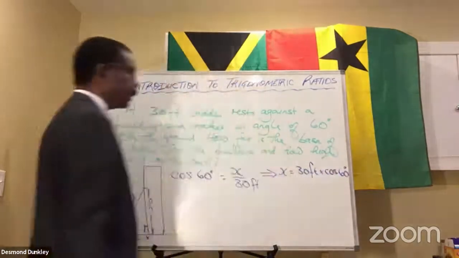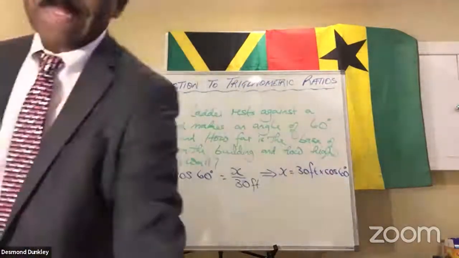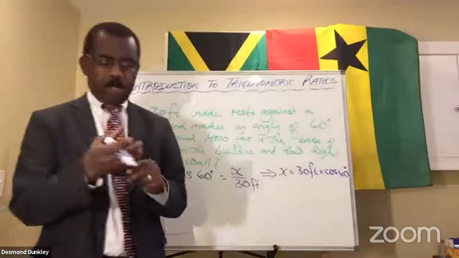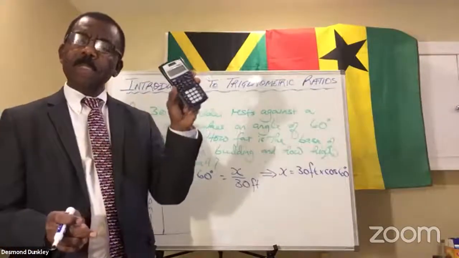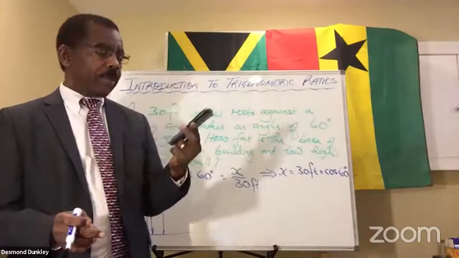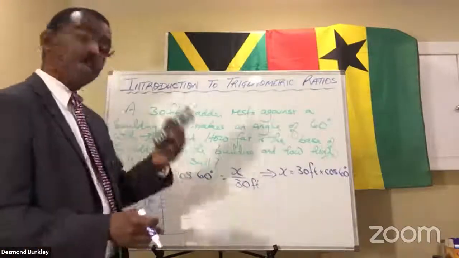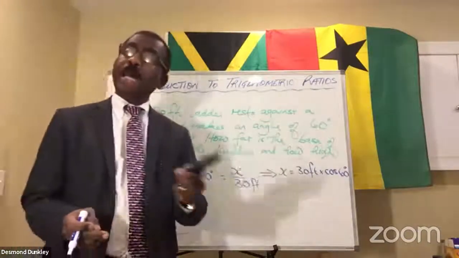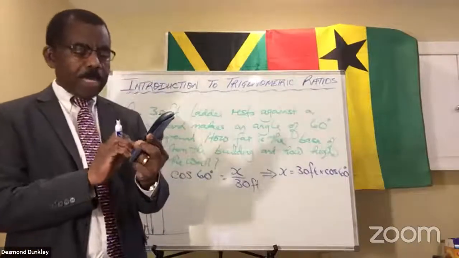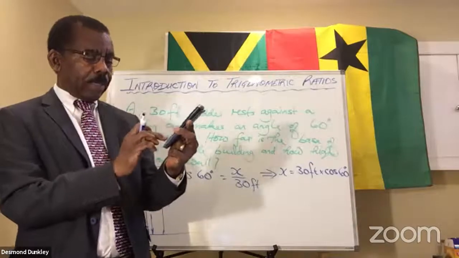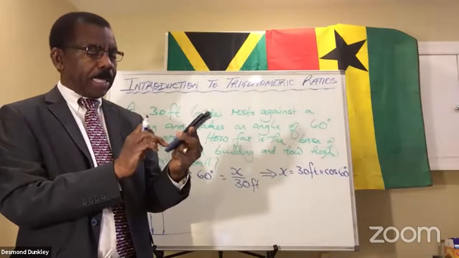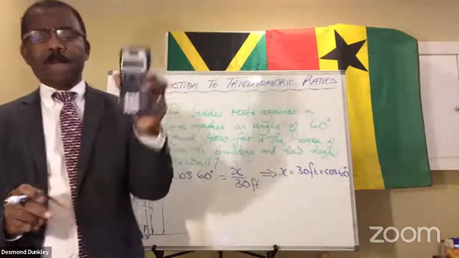Now, in your calculator, you will see sine, cosine, and tangent. Those buttons are on your calculator. So you might already know, or you might not know, that cosine of 60 is a half. But if you didn't know that, you could turn on your calculator and press cosine of 60 and press enter, and you see 0.5.